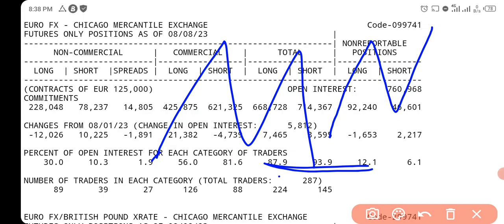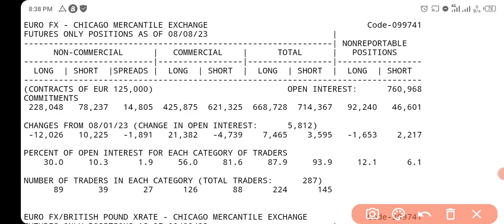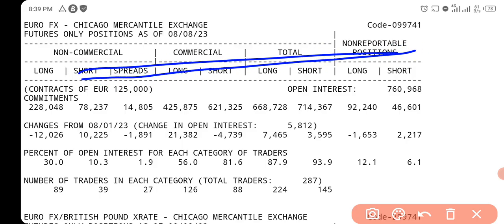This is what they do by hedging their funds. Let me explain in a way you will understand. You have one lot size, you open the buy trade with one lot and the sell trade with one lot. Even if the market moves 1 million pips, you will not lose anything, you will not gain anything.